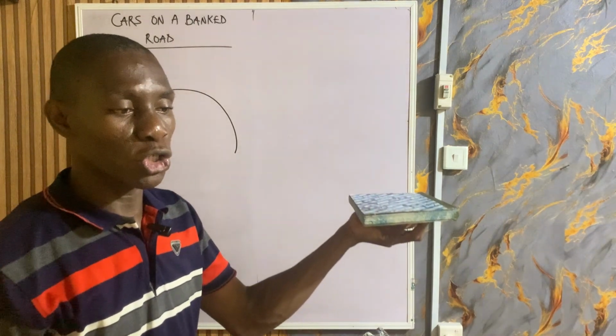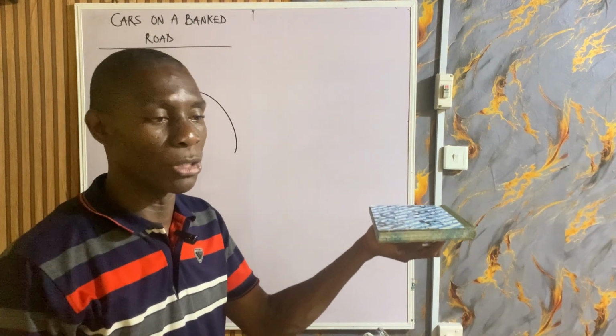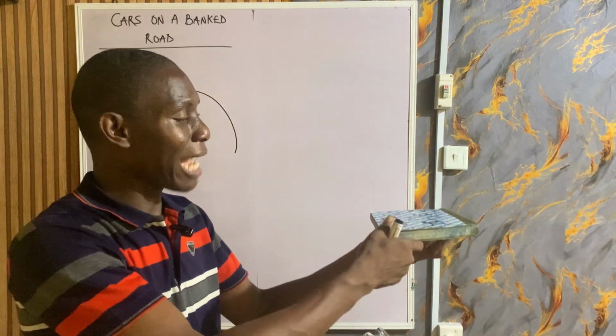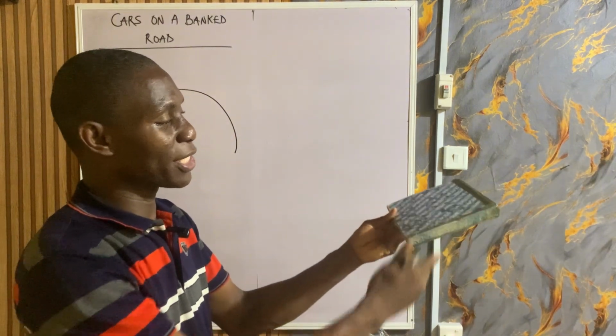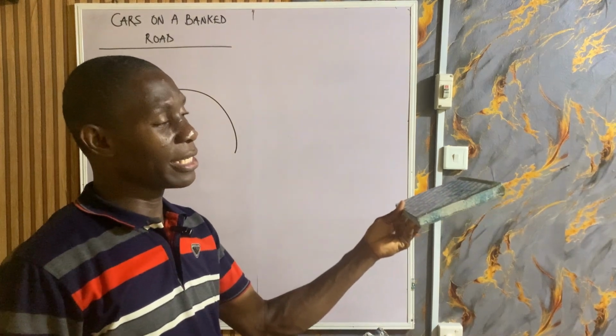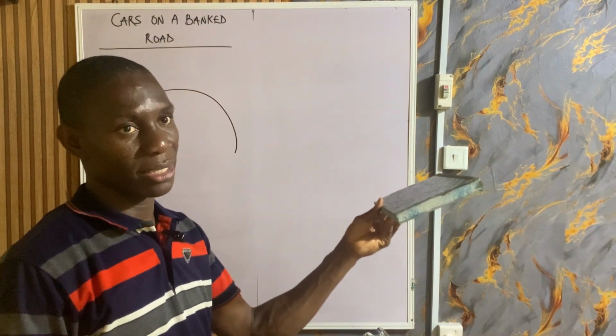Now, during construction, it's important to bank this road. That's why some roads, you realize that they are actually built in this manner, a little bit tilted, and cars move on it like this. In this case, you say the road is banked.